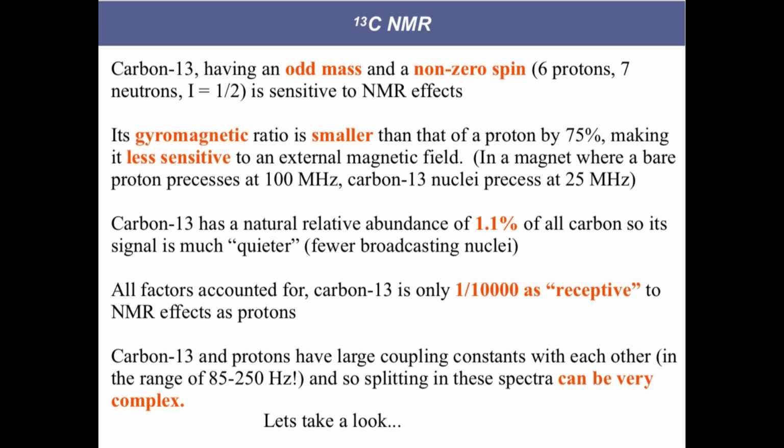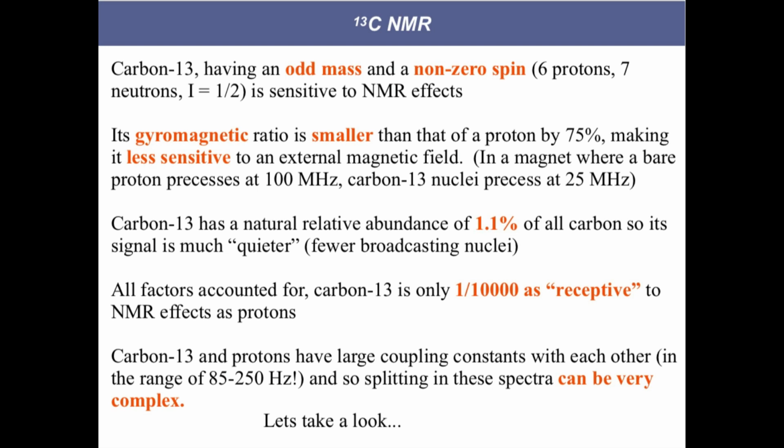Additionally, carbon-13 is less abundant than hydrogen. So, for example, we know that 1% of all carbon is carbon-13. So if we've got 100 carbon atoms in our sample, only one of them will be NMR active. That means the signal is also much quieter.